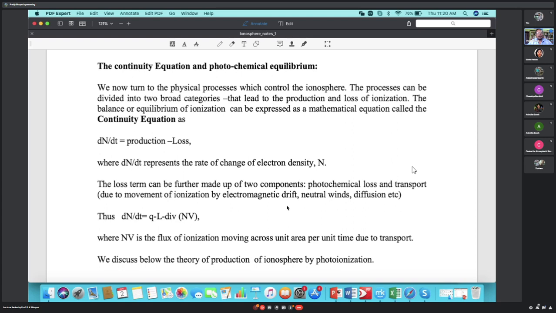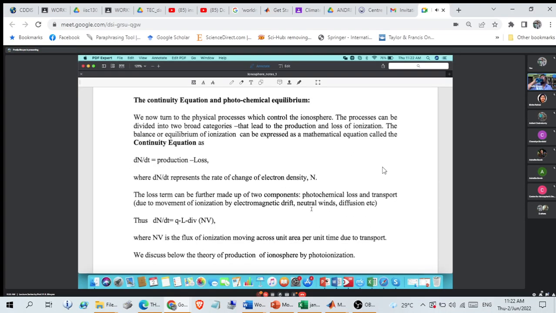There are wind systems over the Earth at different heights, and you can see them at thermospheric heights also, because the ionosphere is also known as the thermosphere in terms of temperature. Thermosphere means it is hot. So at thermospheric heights also you have winds, and then diffusion.